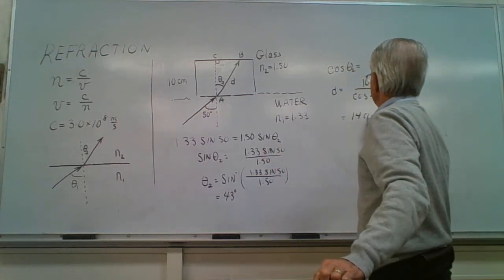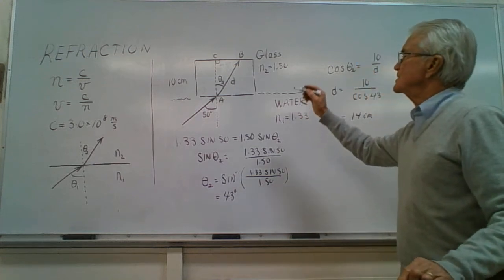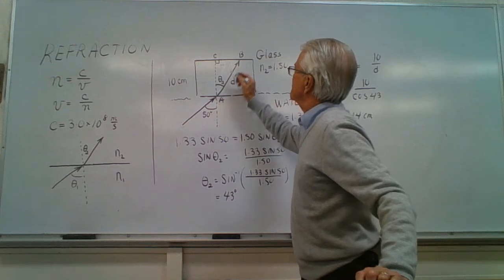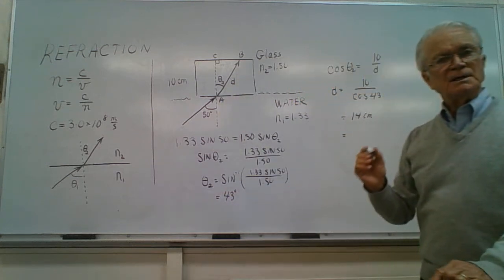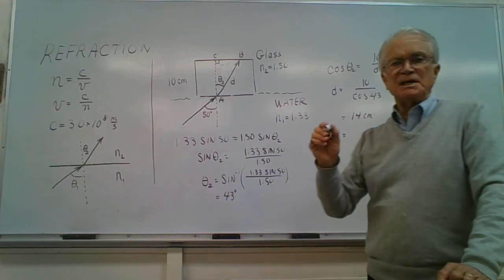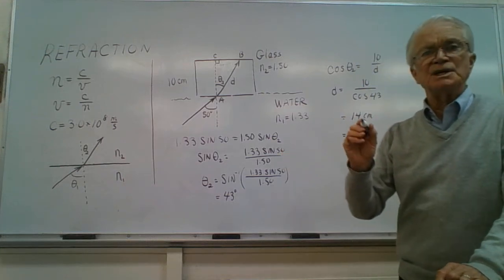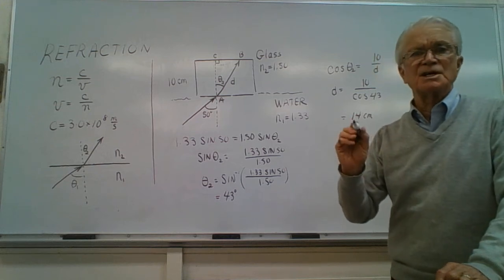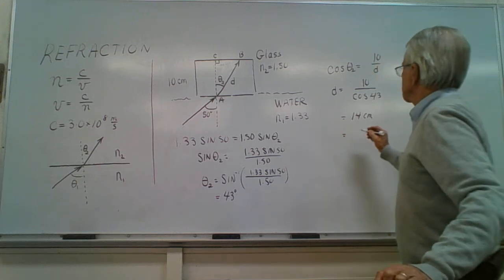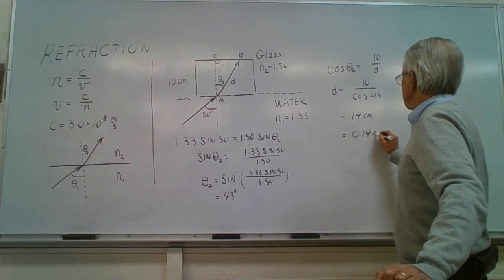centimeters. But in order to find the time it takes to travel from A to B, we will need the distance in meters, because we'll use a speed distance time equation where the speed will be given in meters per second, not centimeters per second. And so this is 0.14 meters.